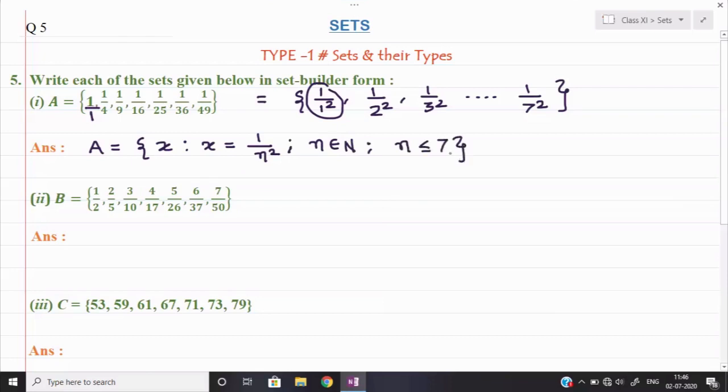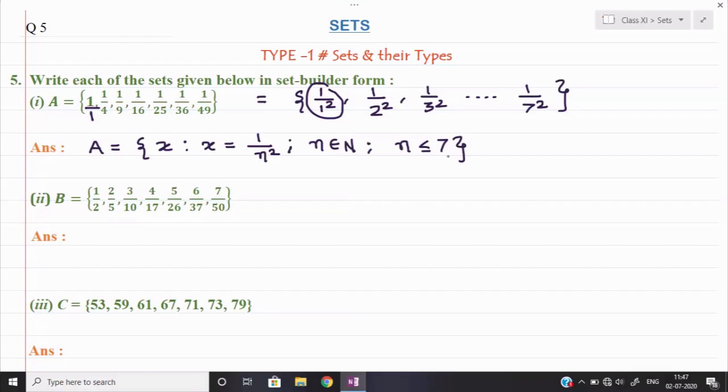Now start: the value of n is 1, so it is 1 upon 1 square, the first element. Take n equal to 2, so 1 upon 2 square, that is 1 upon 4, and you can go till 7 only. One by one you will get all the elements.